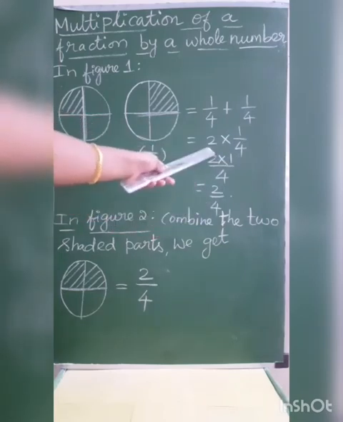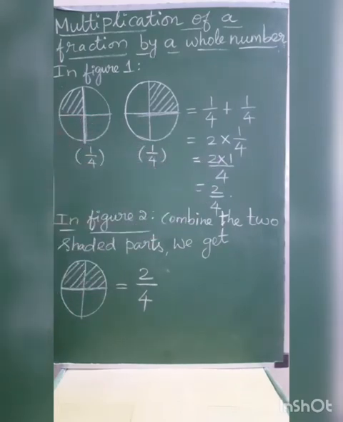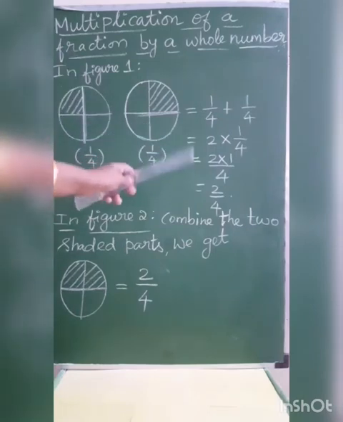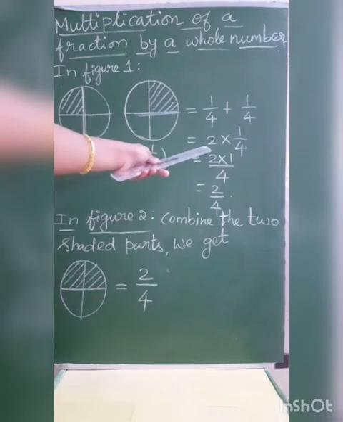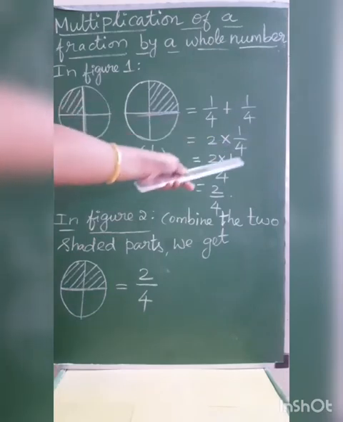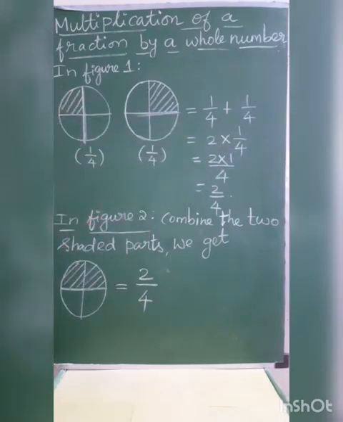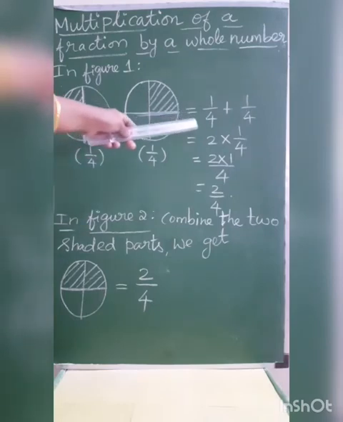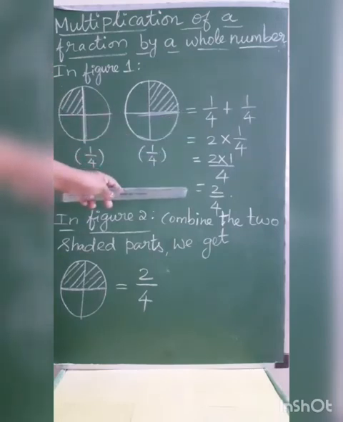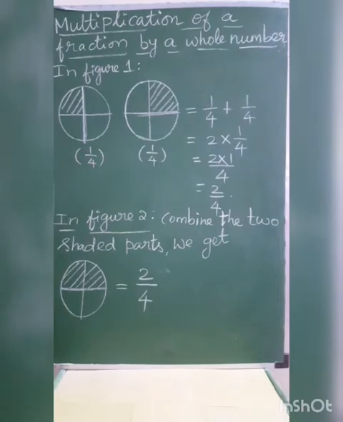The whole number has 1 as its denominator, but we write only the whole number multiplied with the numerator and keep the denominator the same. So 2 into 1 by 4 is 2 by 4. So the figure 1 answer is 2 by 4. In addition your answer is 2 by 4, and in multiplication your answer is also 2 by 4.